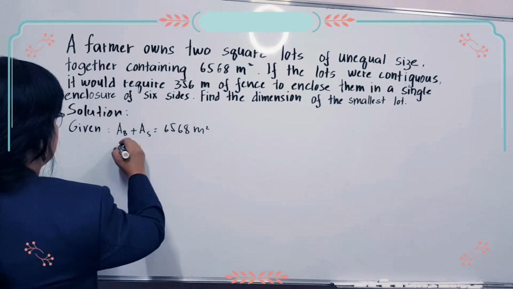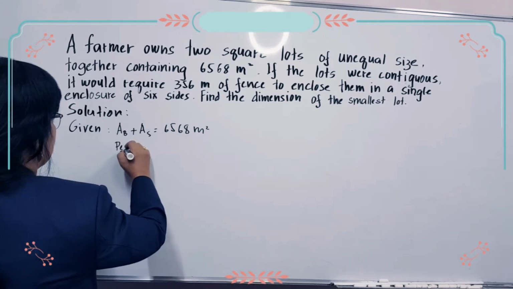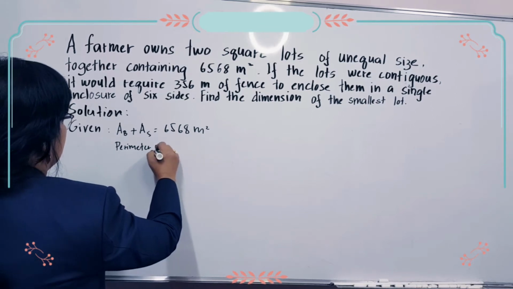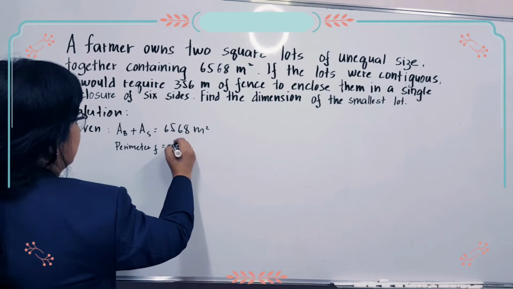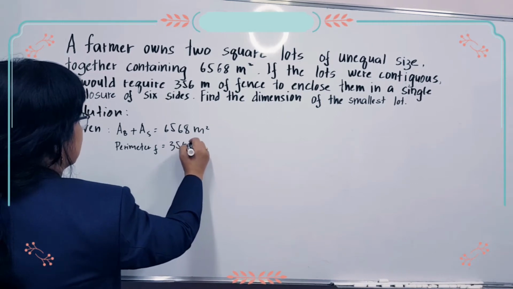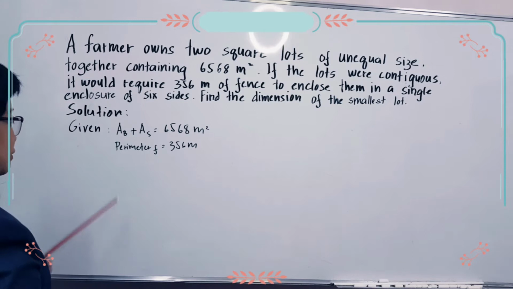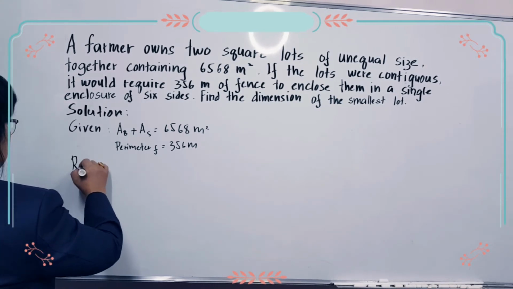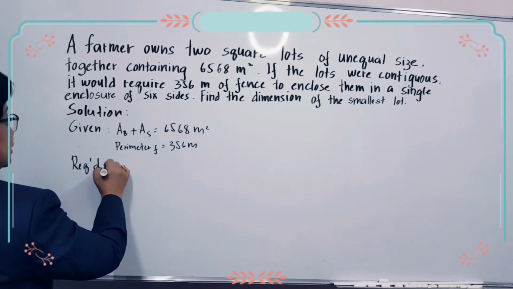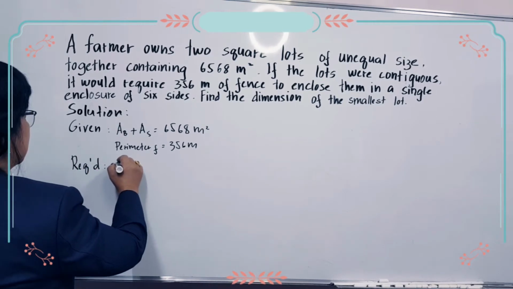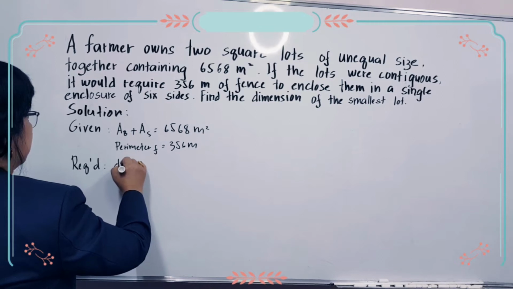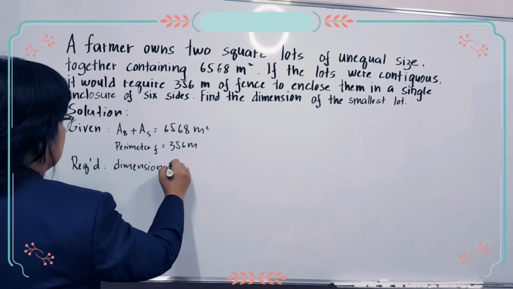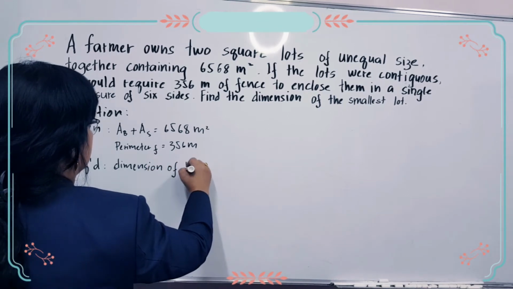That means the perimeter of the fence is equal to 356 meters. Now, of course, what is required is the dimension of the smallest lot.